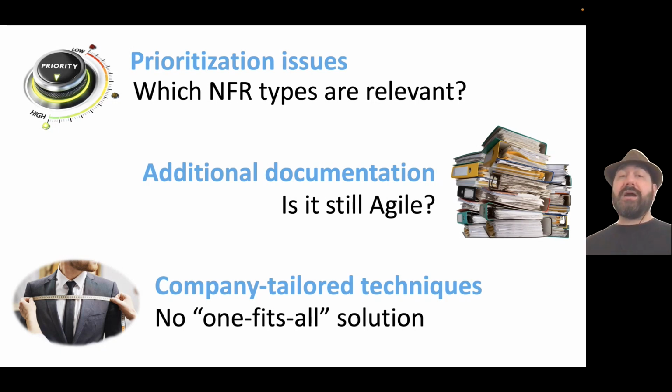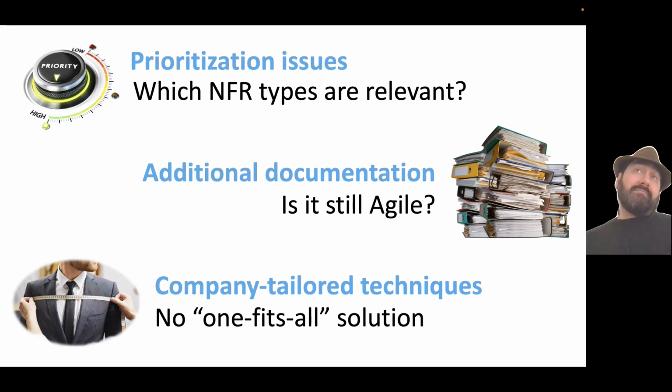However, if we search outside Agile for approaches for documenting these non-functional requirements, the point is maybe we can end up with a lot of documentation and lose a little bit of our agility, right?